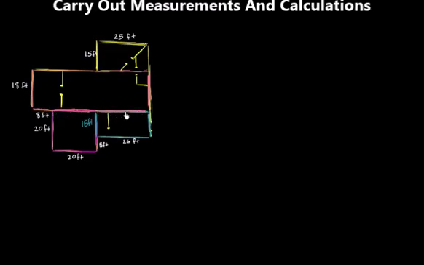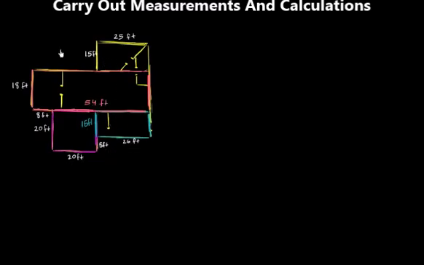So the entire width is going to be 26 feet plus 20 feet. 26 plus 20 gets us to 46, plus 8 gets us to 54 feet. So this is 54 feet right over here. Did I do that right? Let's see. 8 plus 26 would be 34, plus 20 is 54 feet.